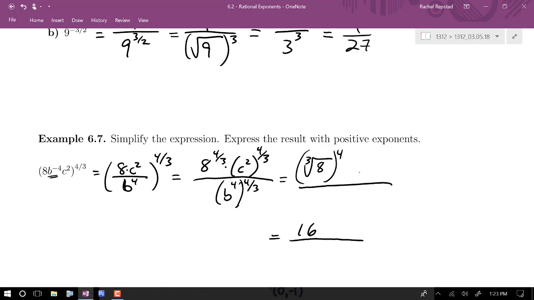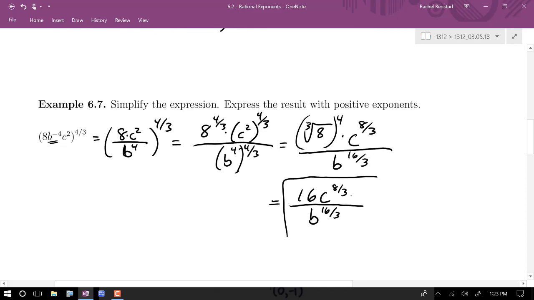Multiply? Yeah, we multiply those exponents. So we have c to the 8/3. And likewise on the bottom, b to the 4th to the 4/3 would be b to the 16/3. And I think that's as far as we can go.